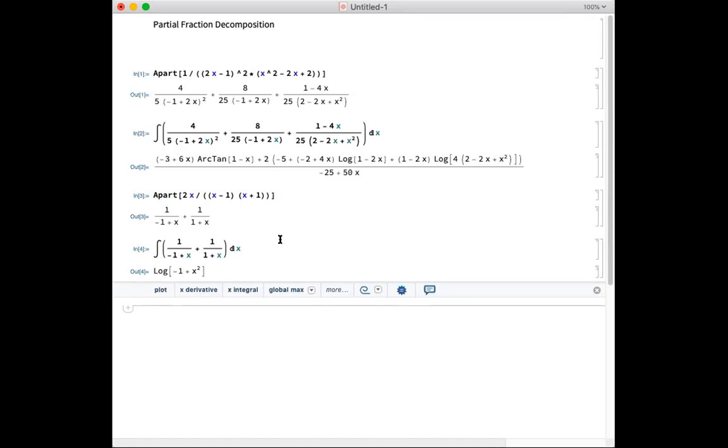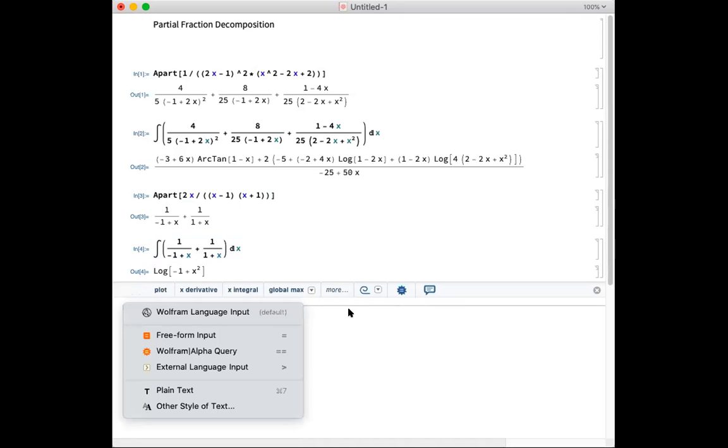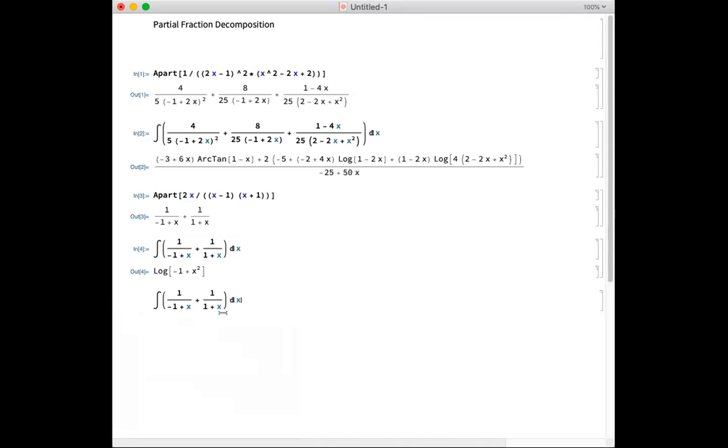Okay, so Apart is the Mathematica code for partial fractions decomposition. And I think that's fairly straightforward. Remember, if you do want to integrate something and you want to have limits on that integral, you can. Let's see if we can copy this integral and try to paste that in there.